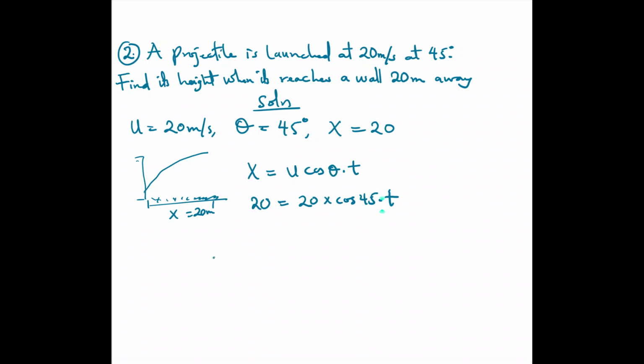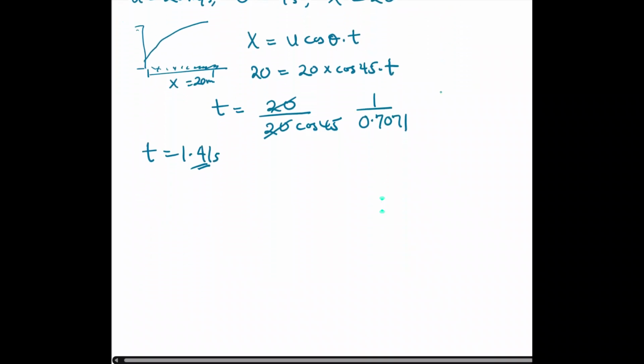So t is equal to 20 divided by 20 cos 45, right? So this 20 will cross out, so 1 divided by, I believe cos 45 is 0.7071. So 1 divided by 0.7071 gives us 1.41 seconds. So t will be equal to 1.41 seconds.